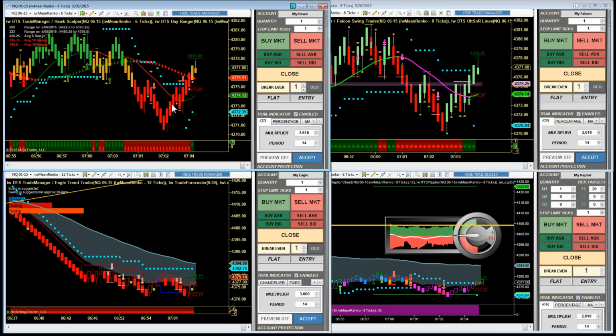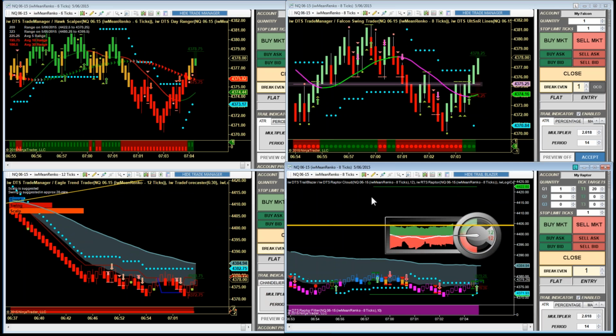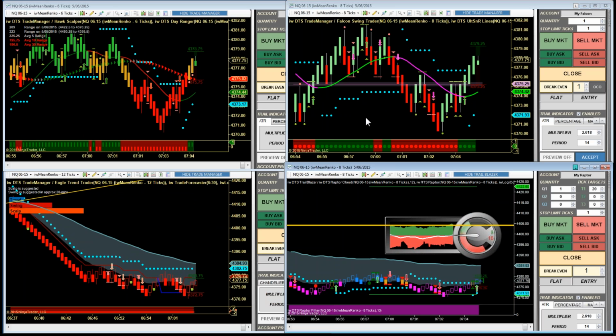If you're trying to use the same tool all the time, it's like my grandfather used to say, if the only tool you have is a hammer, then you tend to see every problem as a nail. Well, DTS gives you 3 different hammers. If it's a nail, you have a hammer. If it's a screw, you have a screwdriver. If it's a bolt, you have a wrench. You have different tools for whatever the environment is.